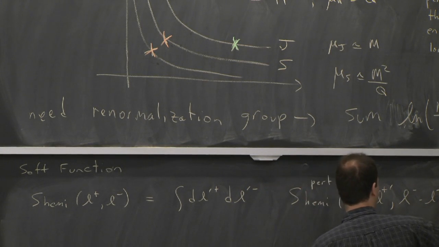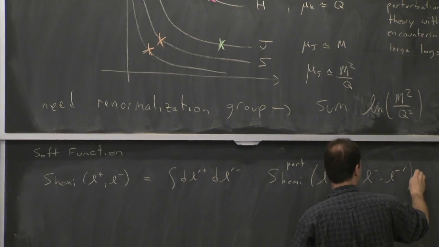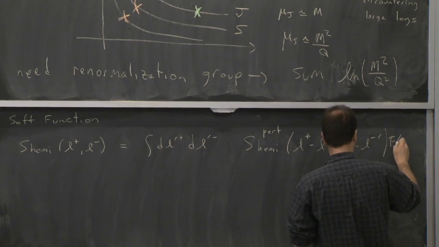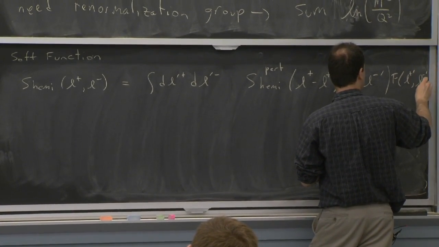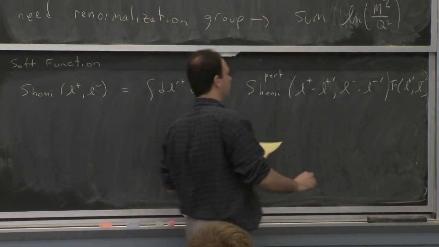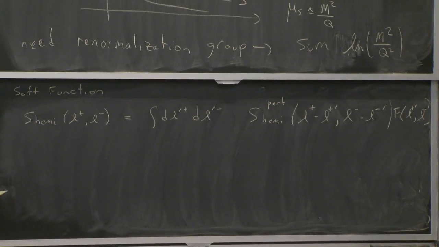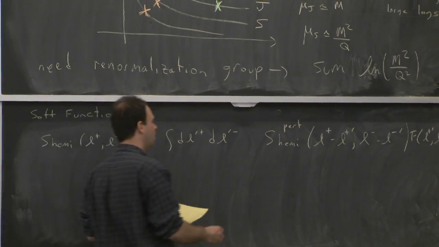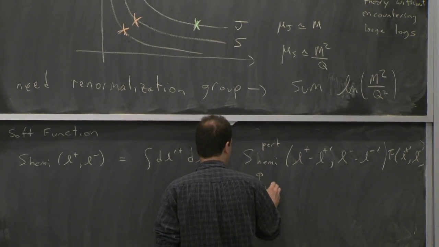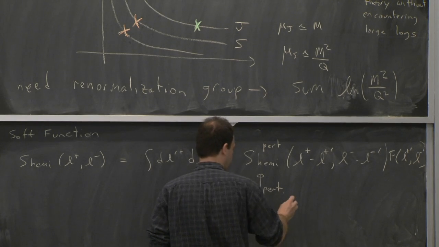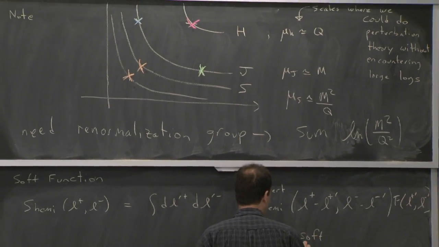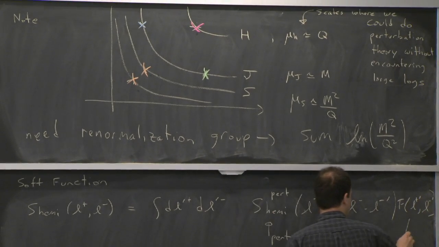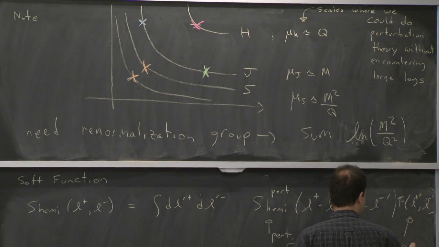Usually when you design effective theories, for each different expansion, you have a different result. And whether you can put them together into a single result is not always guaranteed. But this is a situation where we can put things together in a single result, where these are the perturbative part of the soft function. And this is the non-perturbative lambda QCD effects.